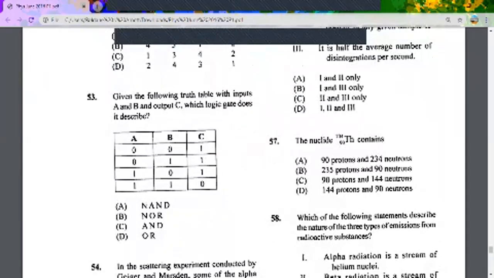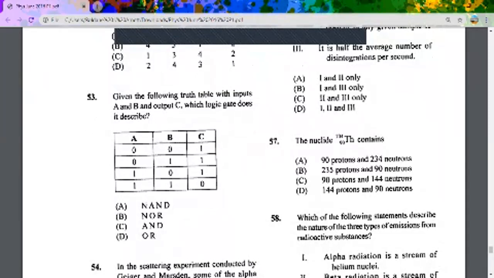53. Given the following truth table with inputs A, B, and output C, which logic gate does it describe? So we see 0 and 0 gives us 1, right? 0, 1 gives us 1 again, and 1, 0 gives us 1 again, but 1, 1 gives us 0.